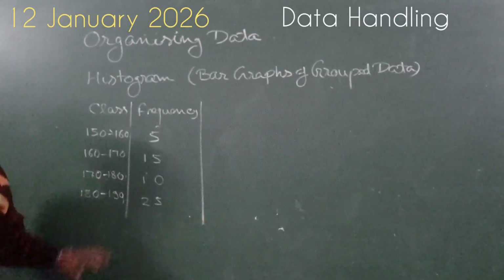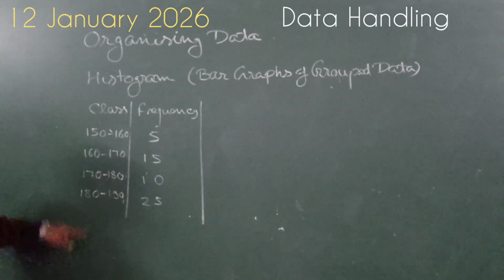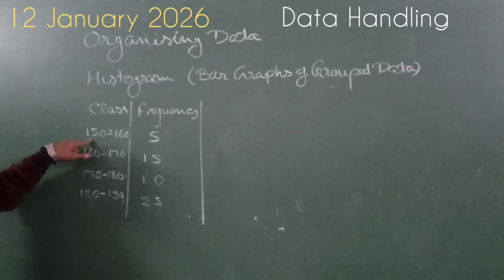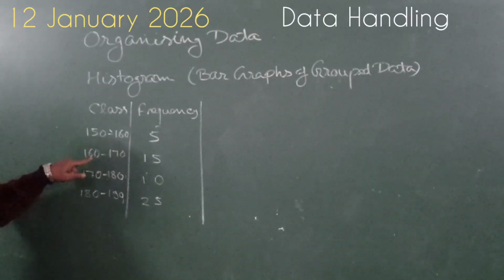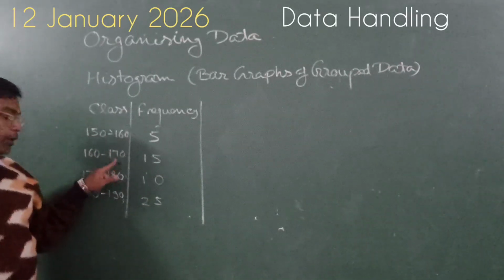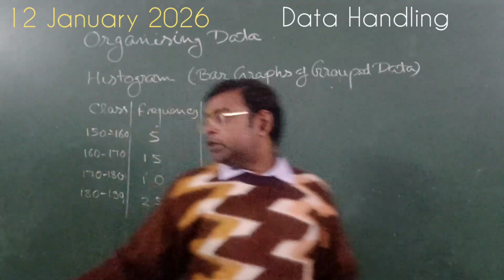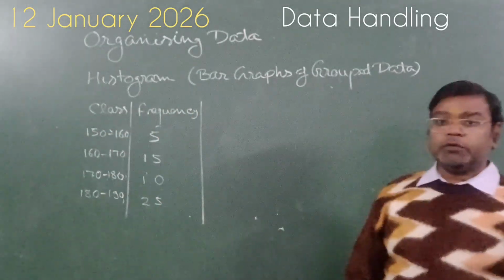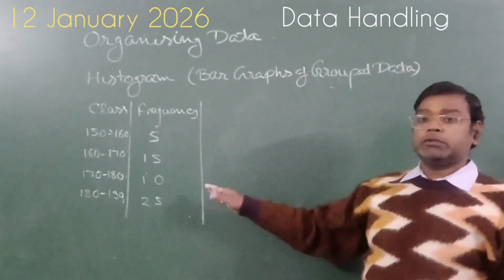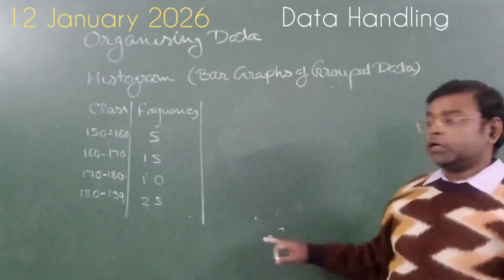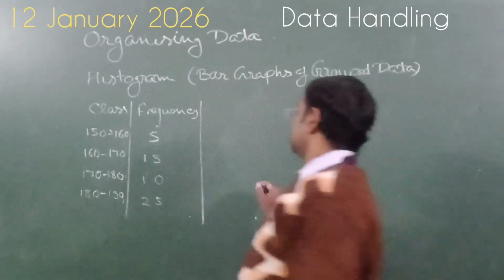Now see this table. Here the classes start from 150: 150 to 160, 160 to 170, 170 to 180 and 180 to 190. So these are the 4 classes. Now we are going to draw the histogram for this table. See here.